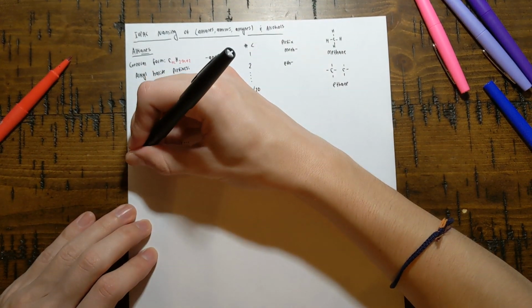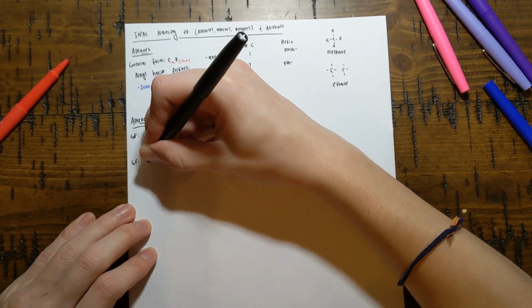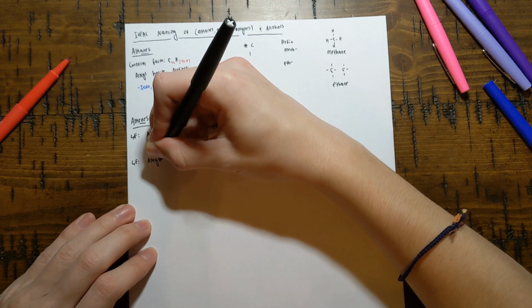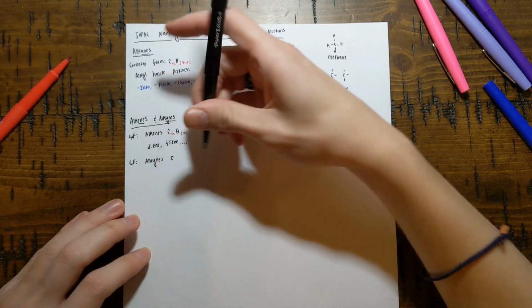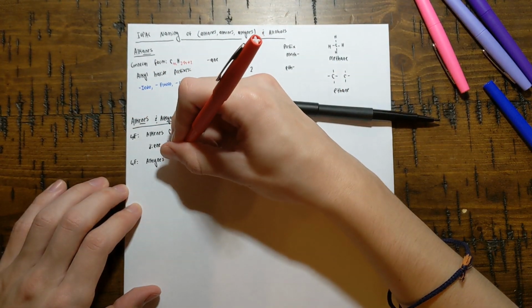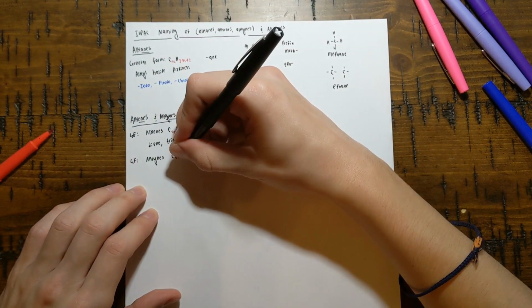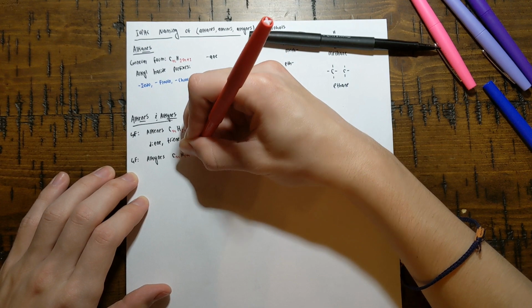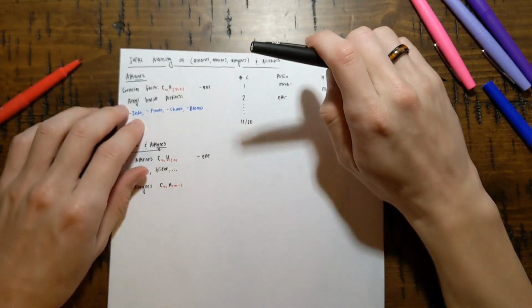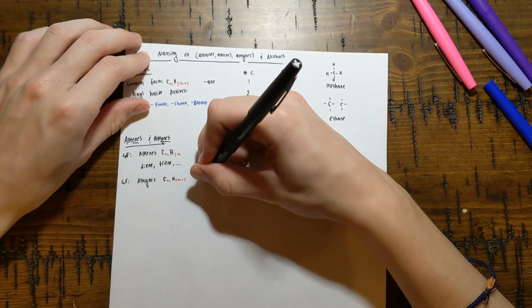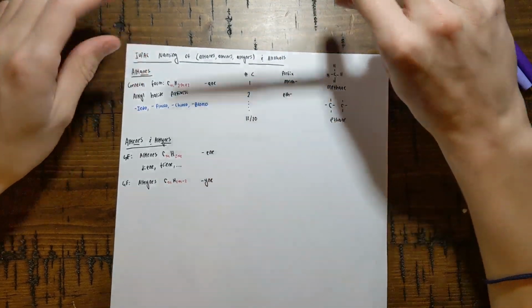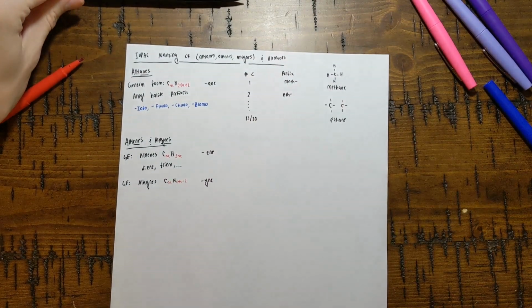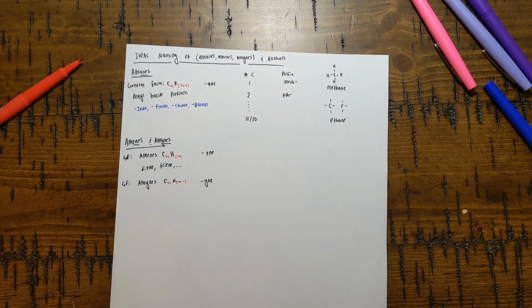And then lastly, the general formula for alkynes is CnH2n minus 2, right? And its suffix is "-yne". So these really aren't too in-depth. They're not too hard.